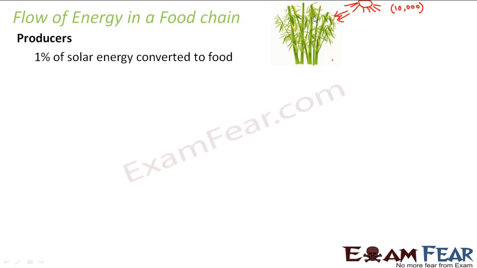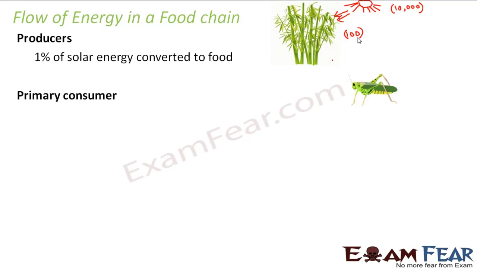Plants will perform photosynthesis and prepare food. How much energy will this plant have after performing photosynthesis? It will have just 1% of this 10,000, which would be nothing but 100 units. So this plant will have 100 units of energy with it.